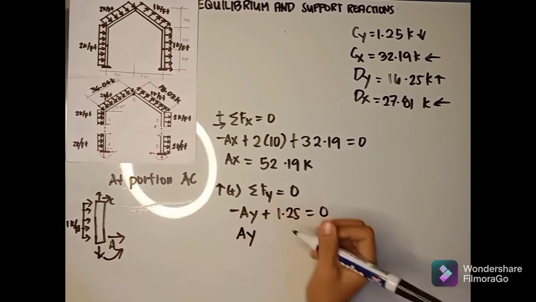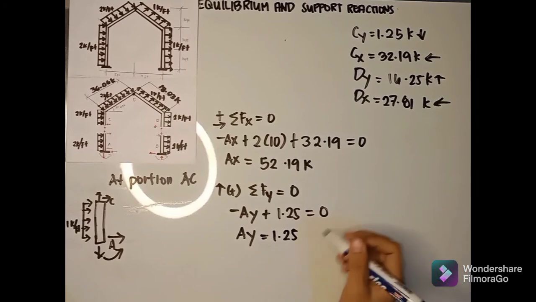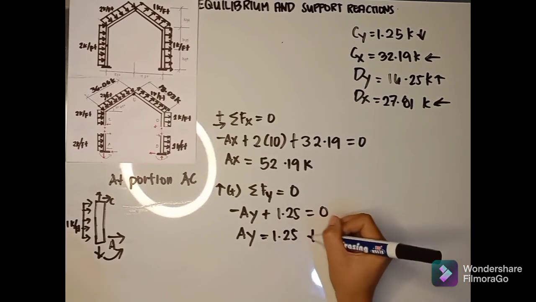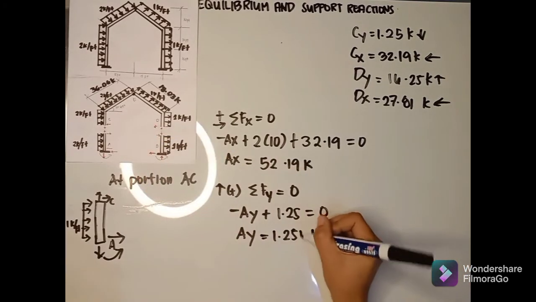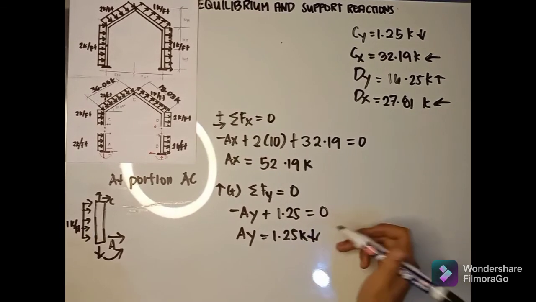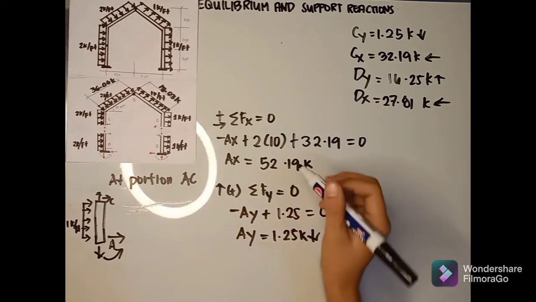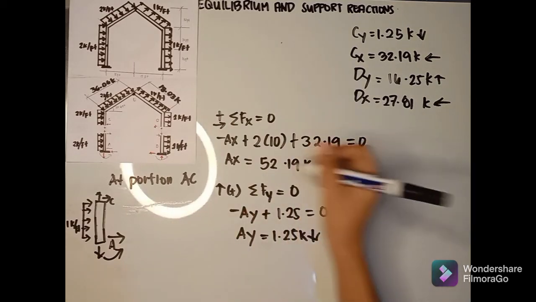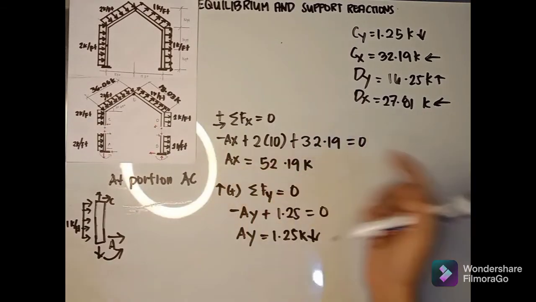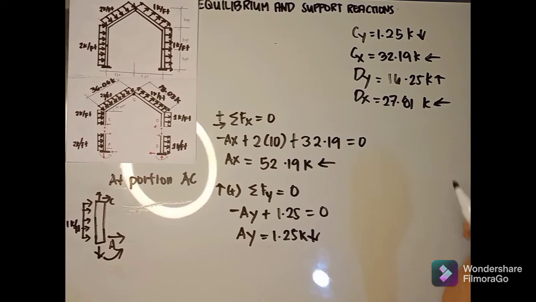Now, solving for AY is equals to 1.25 downwards. Downwards yung assumption. So, hindi siya nag-negative. So, positive. Tama yung assumption natin. Tsaka sa AX, 52.19 kips. Yung assumption natin is negative, to the left. So, tama rin yung ating assumption.